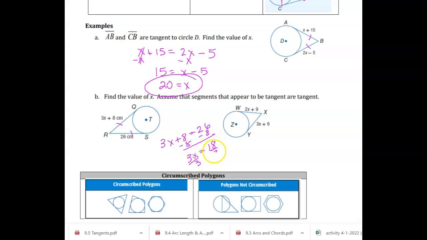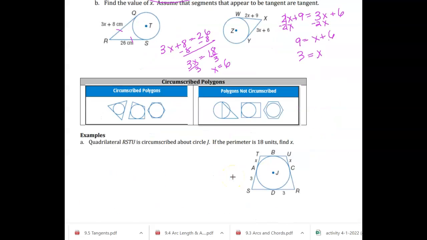Divide by 3, and x equals 6. Same idea here. These two tangents are congruent. So subtract 2x. So 9 equals x plus 6, and subtract 6. These are typically integer values, but you never know.